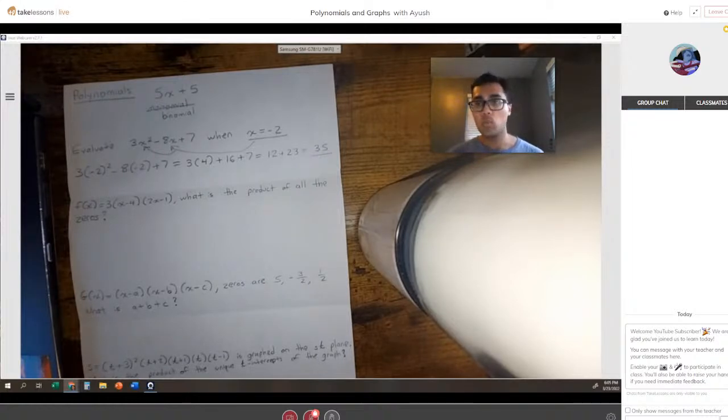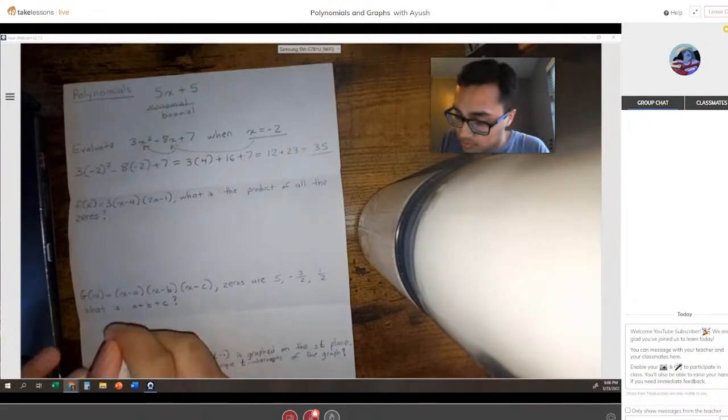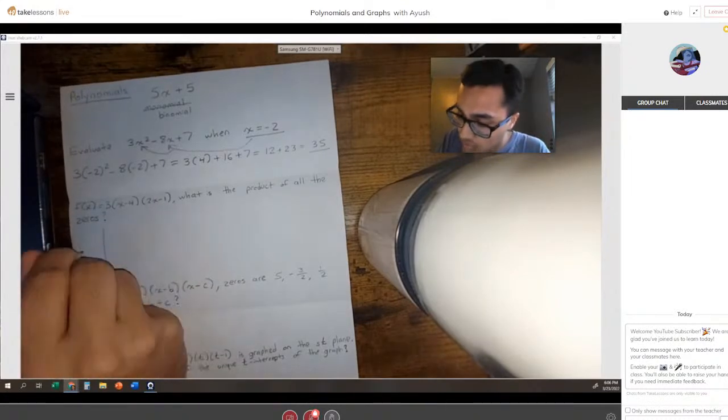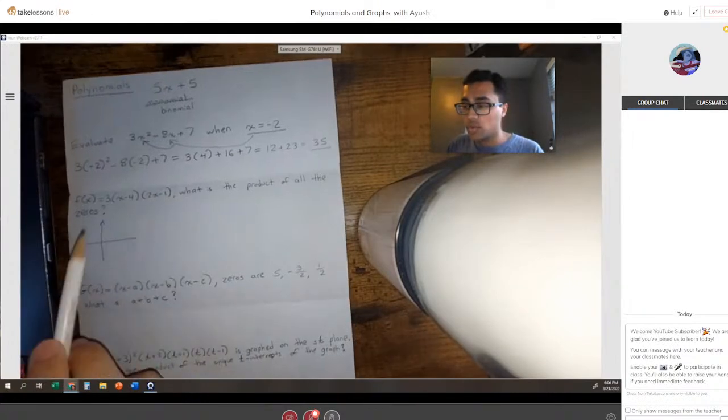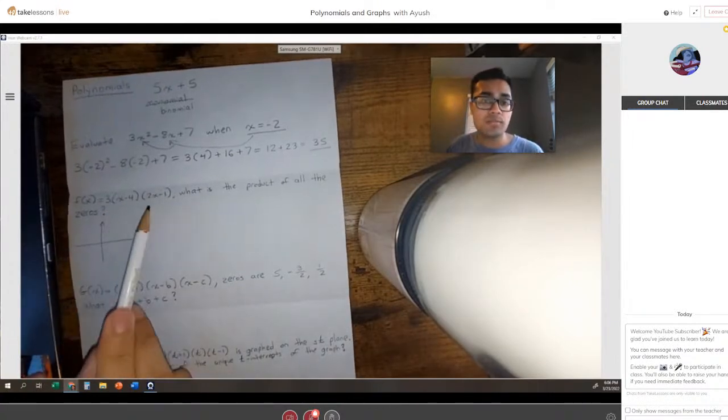We usually call that y, and then you would probably graph that. And once you graph that, you will be able to see what this function looks like, right, on an xy plane in 2 dimensions. So as an example, we see we have this function, 3 times x minus 4 times 2x minus 1.